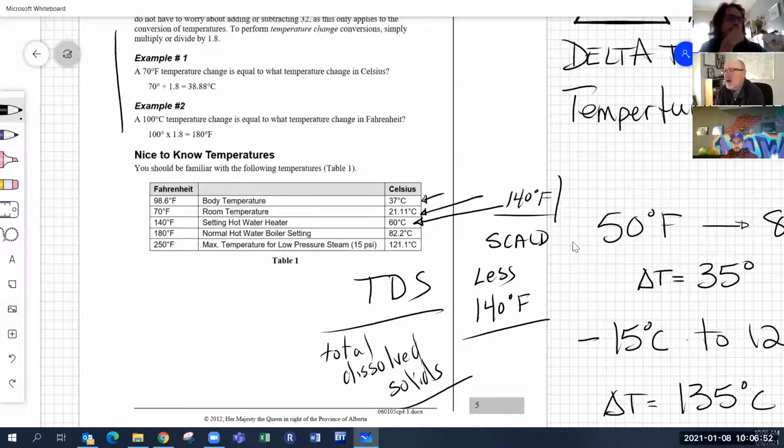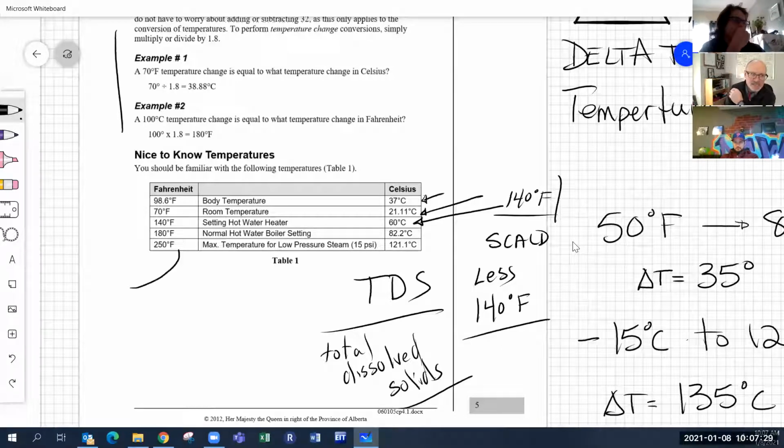If you have a high mineral content in your water, then at anything around 140 or less, you're going to get scale coming out, or even hotter, you're going to get scale. That's where that white scale comes on our aerators and on the end of our taps, or inside the hot water tanks. It's all the minerals that are in there, and they react when they get to those kinds of temperatures as well. We're not going to concern ourselves with that yet. We'll talk about that in our future math courses, okay? Is that cool?